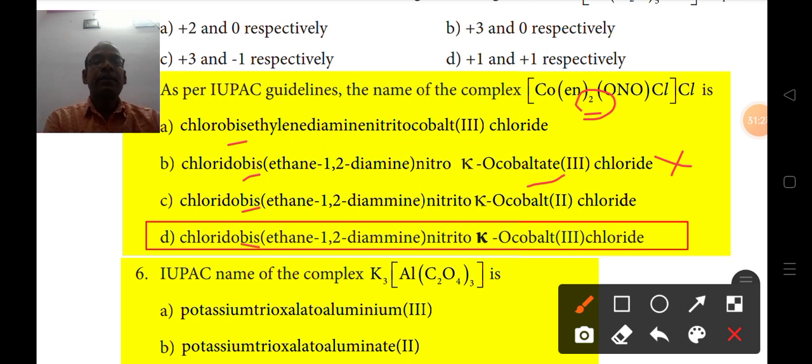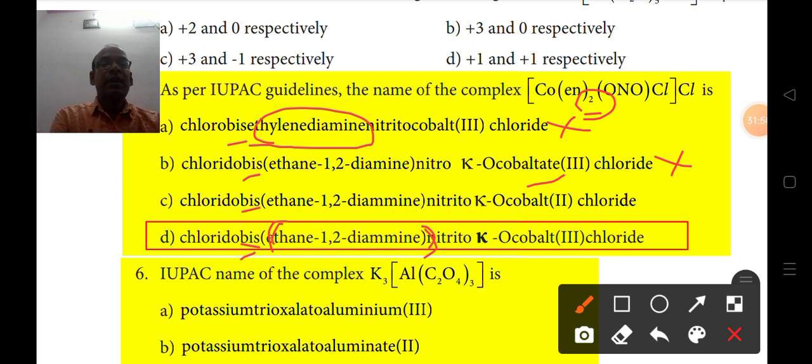In the first option, ethylene diamine is given directly, which is not an IUPAC name. Therefore bis, after that ethylene diamine in square brackets, this format. Therefore option A is incorrect.